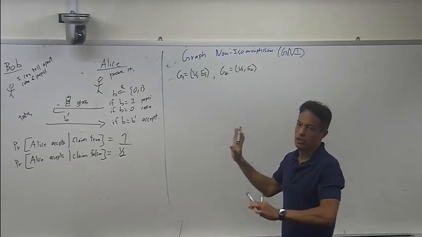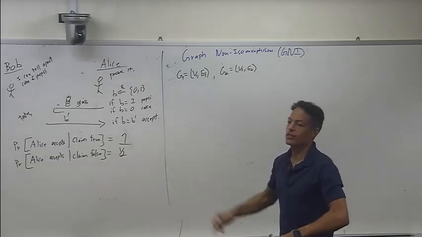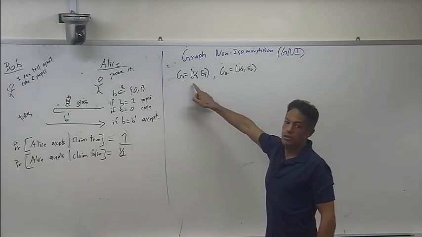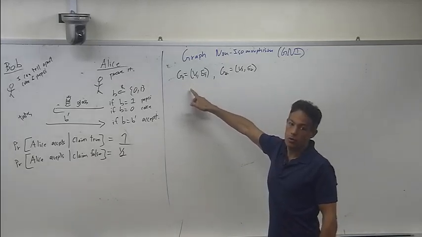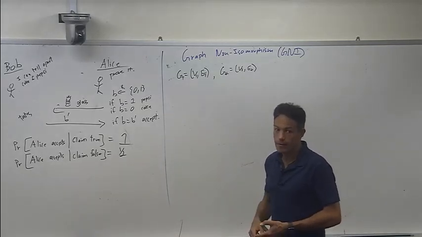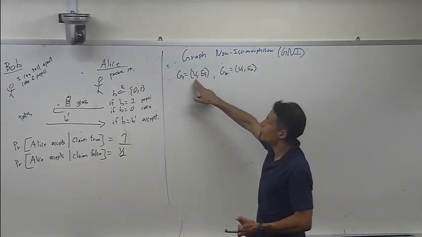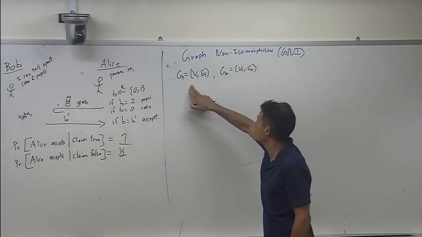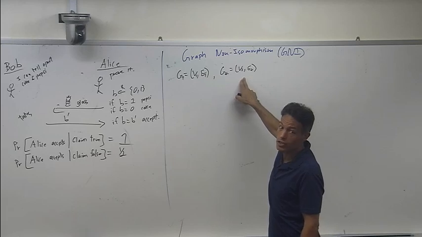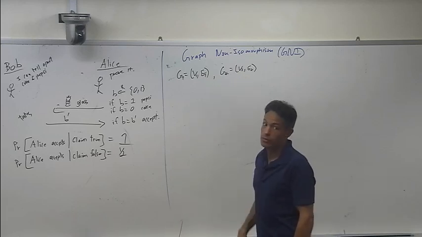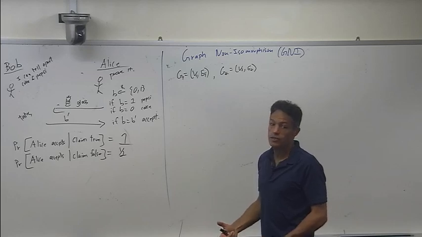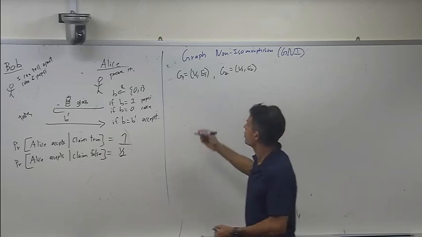I'm going to say this in words and not write it down because writing it all out would take a long time, but I think you'll all get it. If there's some permutation of V1, if we imagine V1 is ordered, as you would normally get in an adjacency matrix, there's some relabeling or remapping of V1 such that it exactly equals V2 and E1 will equal E2 in that case. So if you relabel the vertices.